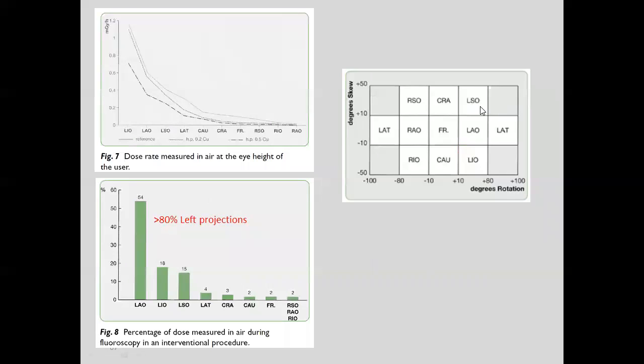Now this is going back just one step. This is what the new machines are doing. They're dividing the patient into each one of these different locations and monitoring how much dose is in each one of those locations. And they're roughly separated by 20 degrees, or this one is saying 10 degrees. Okay, so avoid LAOs, and if you have to do LAO, use your shielding.